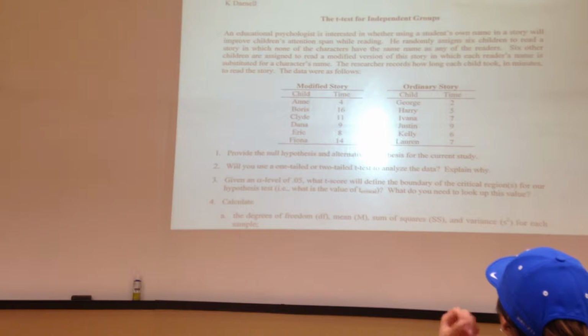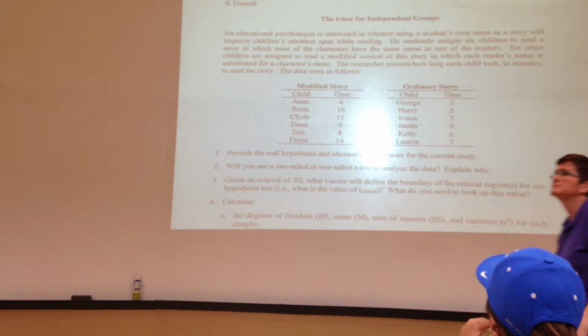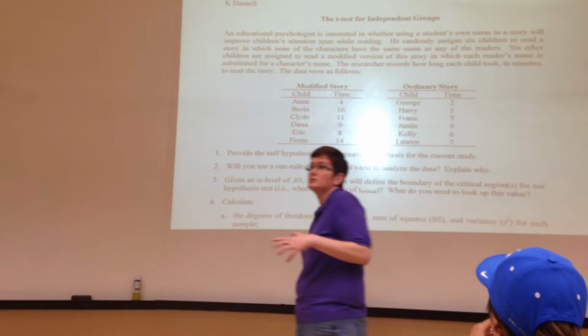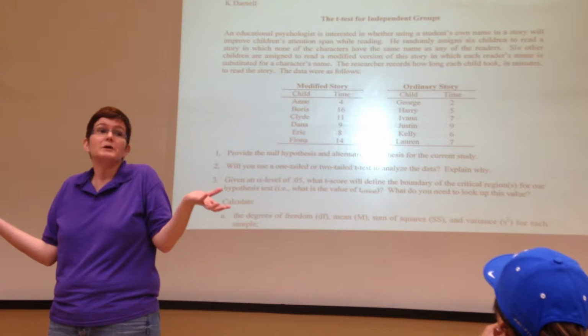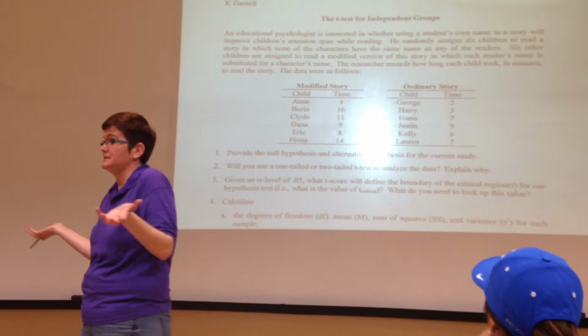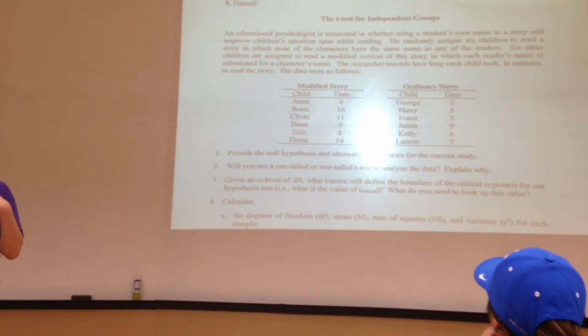And the researcher predicts that the children who read the modified story are going to read for a significantly longer period of time than the kids who read the ordinary story. Now, both groups are reading the exact same book, but their connection to that book is different, right? Because if it's got their name in it, it's been modified for them.